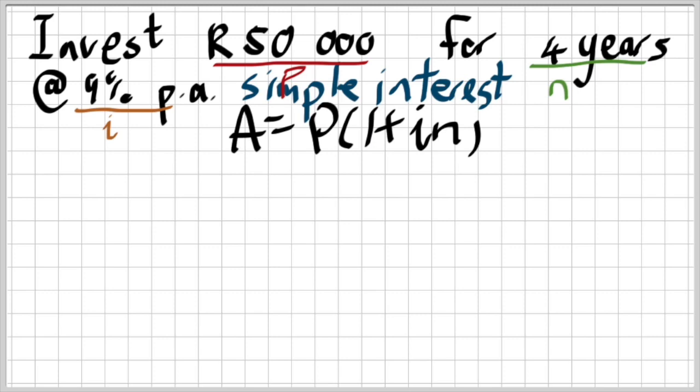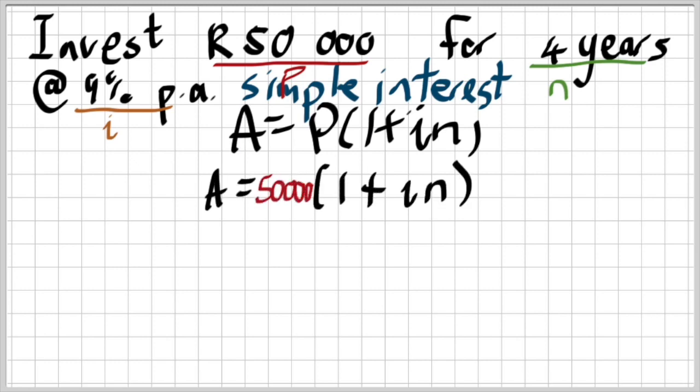Substitute those values in. P is 50,000. You see, I take my formula and now I'm just plugging in. Then your i is 9%. Now, I know a lot of teachers don't like to write 9%, so rather go 9 over 100. Your calculator can handle it.